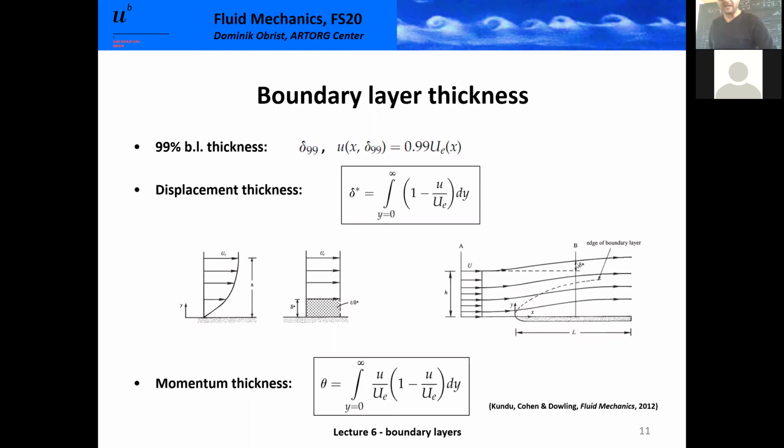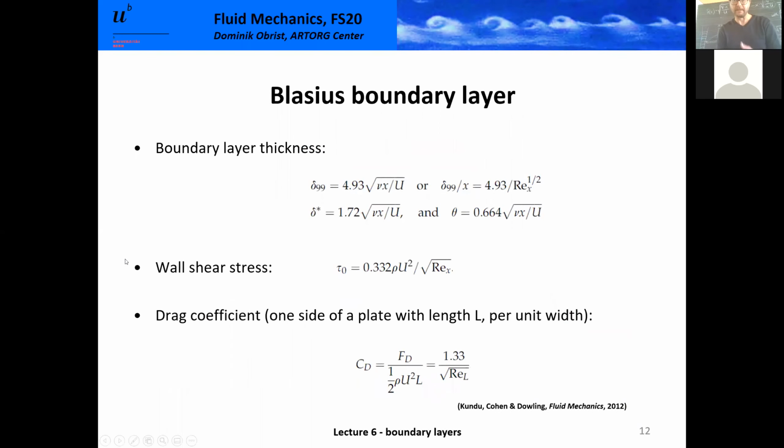There's a third commonly used measure, with a different formula, and it's called the momentum thickness. It describes how much momentum is lost due to the boundary layer. This talks mainly about the viscous effect, the viscous losses due to the boundary, but we'll not go too much into that. So for the Blasius boundary layer, these thicknesses have specific expressions.